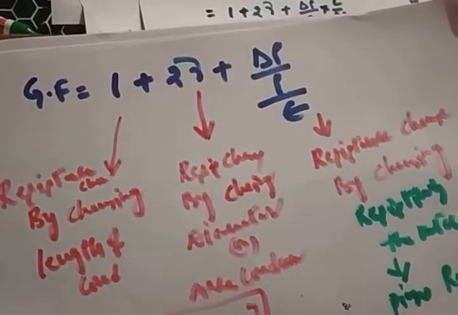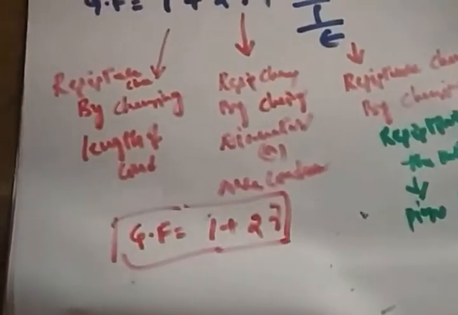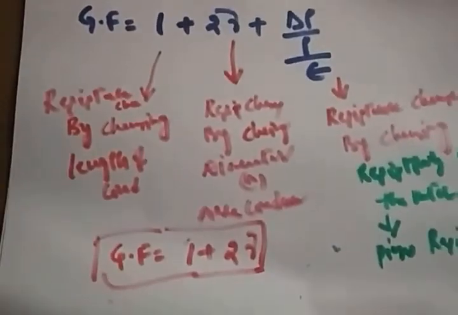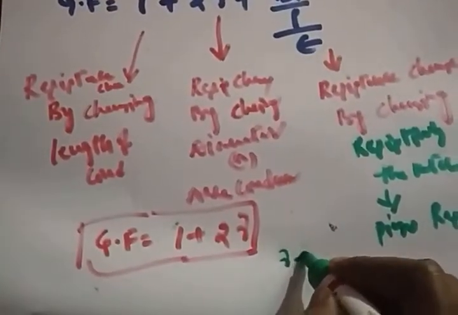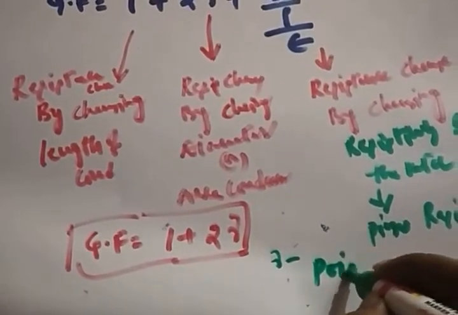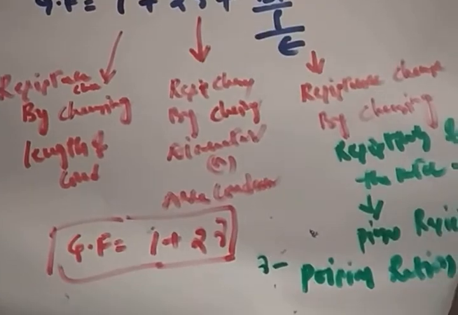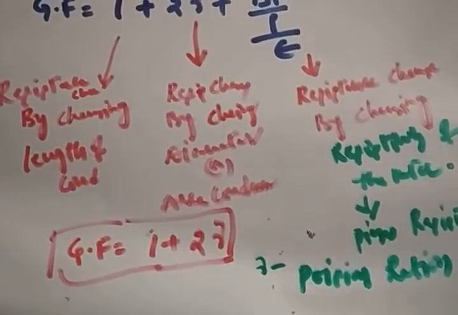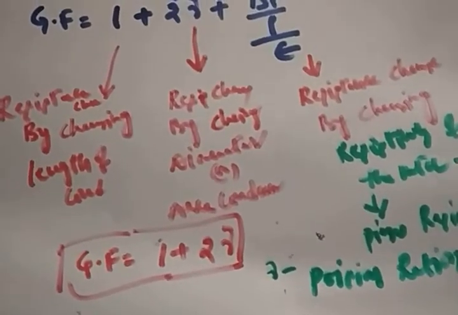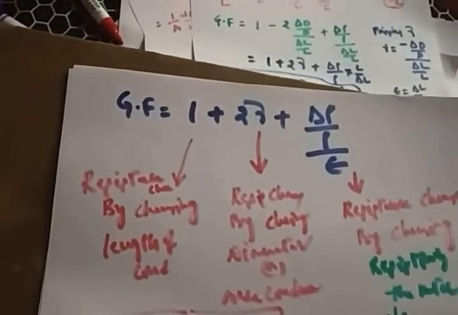If you neglect the resistivity, you can note the gauge factor as 1 plus 2 gamma. Gamma is nothing but Poisson's ratio. What is the Poisson's ratio? Minus dD by D by dL by L. Simple, right?